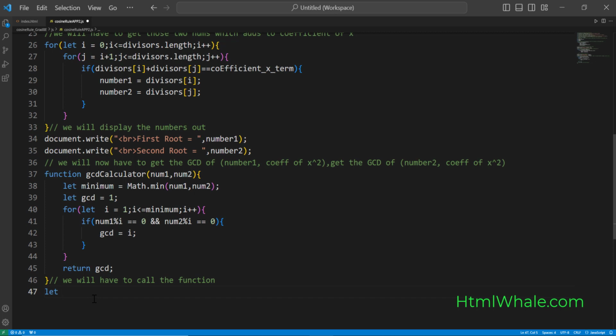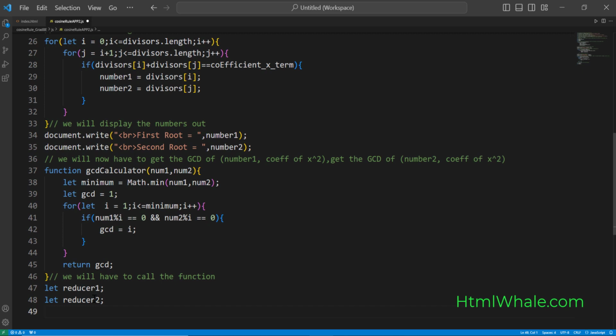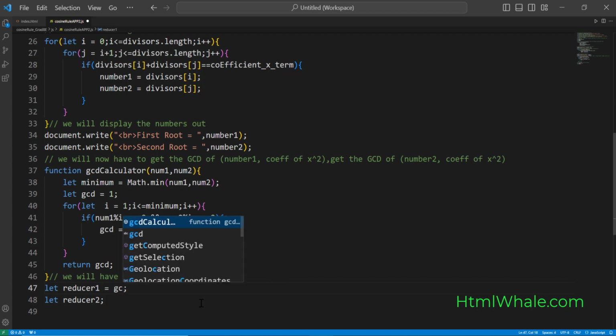That means, as I mentioned to you, we have 8 has to be divided by 12, right? So this GCD will reduce 8 and it will reduce 12. So I'm going to call it reducer 1, reducer 2, and then I'm going to state here, let reducer, so I'm going to call here, this is going to be GCD calculator.